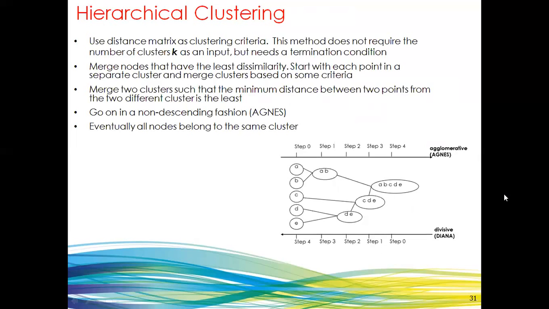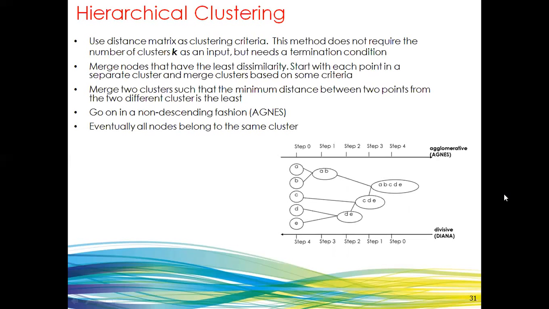Then you combine whichever items are closer to one another, and you combine clusters. You get those trees, and you end up with one cluster at the end. In the other process, divisive, you start with one cluster and you determine the fragmentation, and you go further.